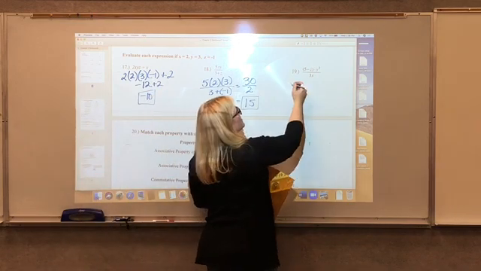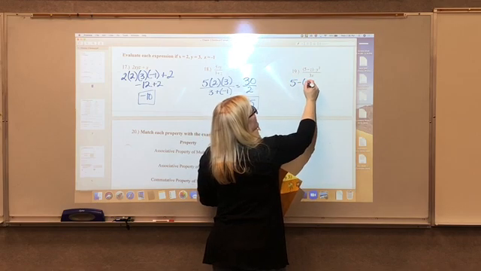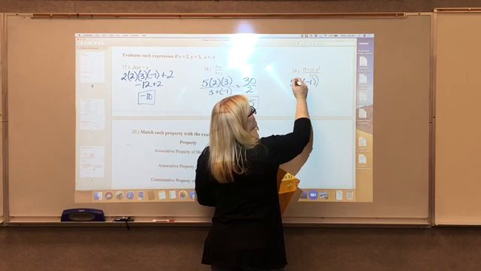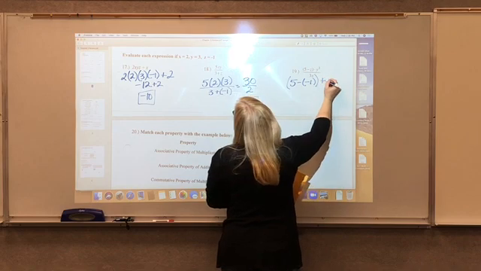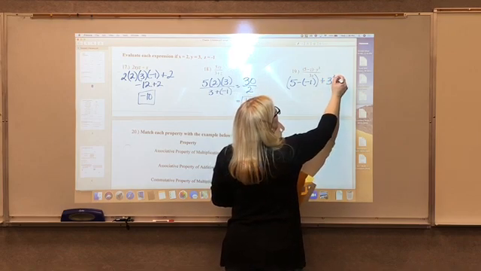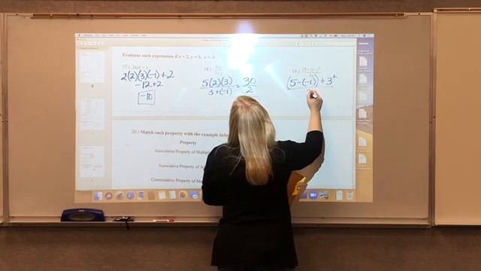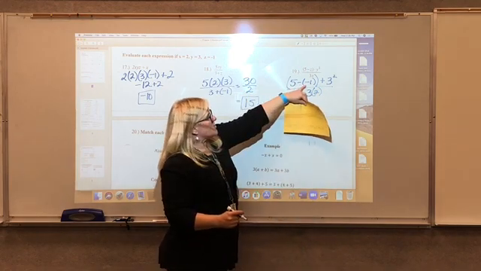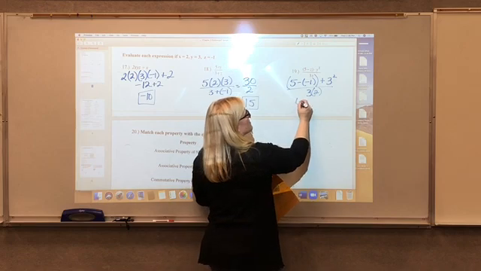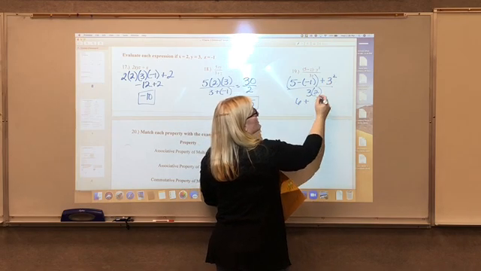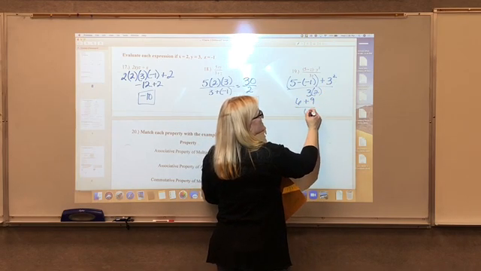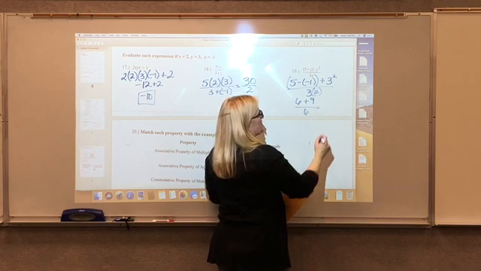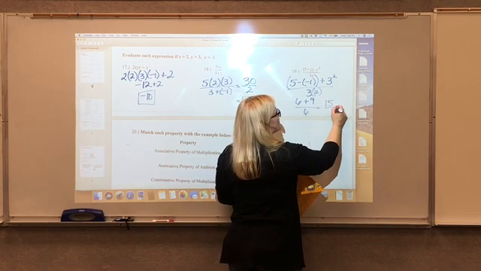Okay, for this one we have 5 minus a negative 1, that's z, plus y, which is 3 squared, over 3 times 2. So 5 plus 1 is 6, plus 3 squared is 9, over 6. This gives me 15 over 6.